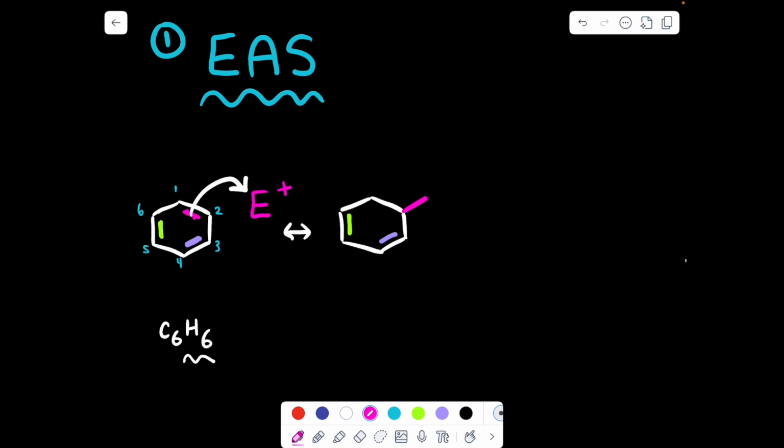So draw a bond to the E. What happened to carbon number 1? Well, carbon number 1 becomes cationic. Loose electrons become cationic because carbon number 2 took both of those electrons to make that bond to the incoming electrophile. So carbon number 1 becomes cationic.